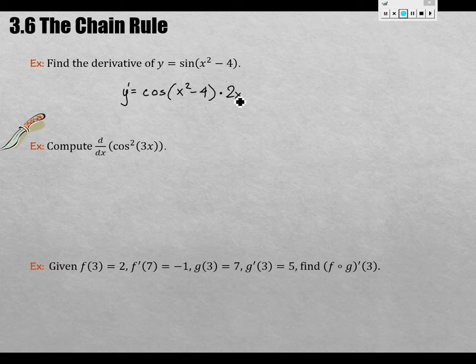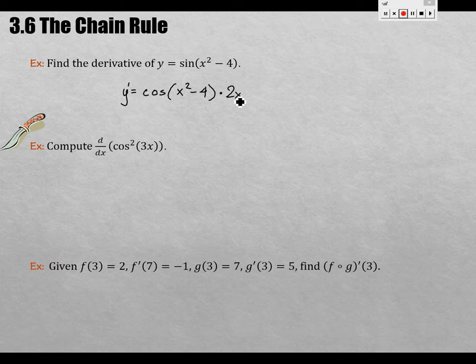So keep in mind what the outside and inside functions are. If you haven't encountered the dagger, you will in a second. Give it a try as you differentiate. It's going to be a 3-part thing.